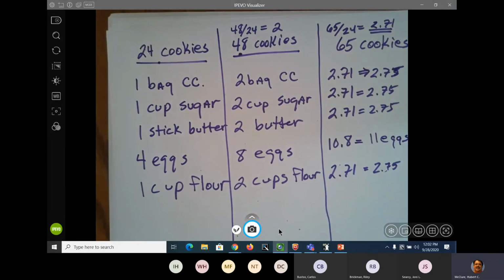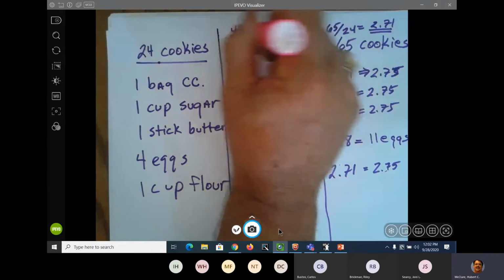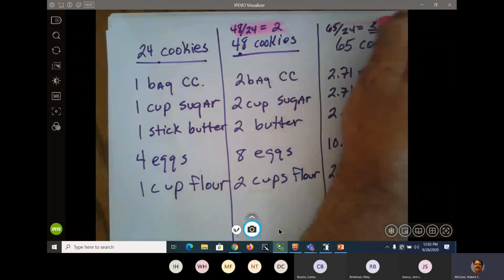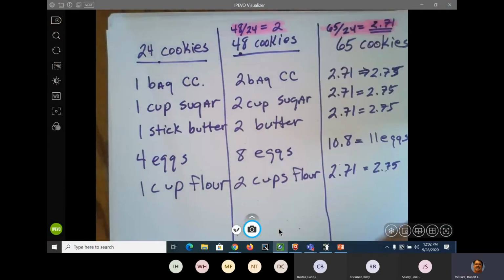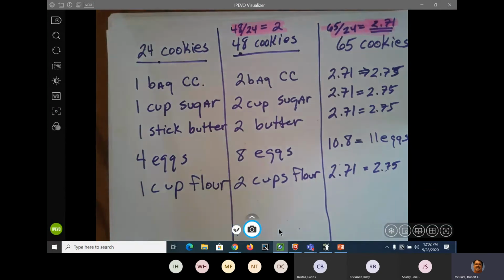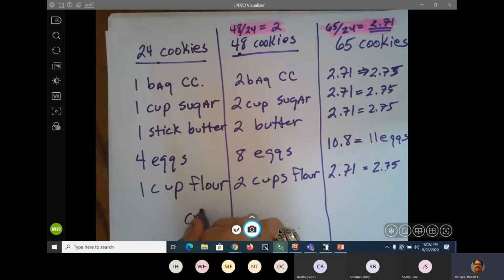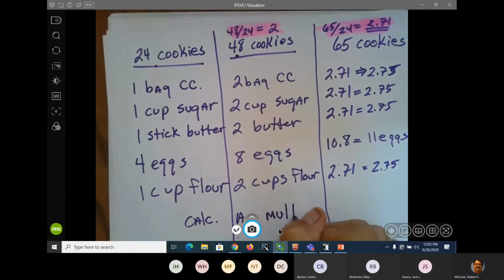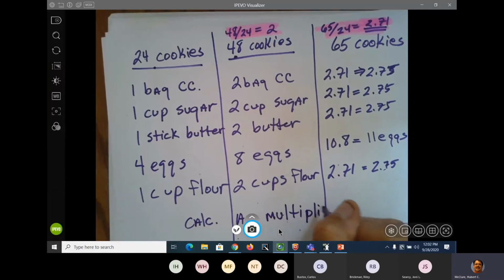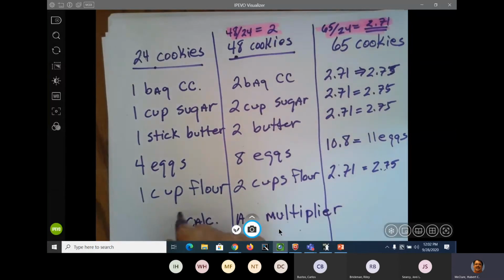Now, what did I just do? I want you to take your highlighter out, and I want you to highlight what we did right here and right here. What did we just do there? You calculated a multiplier. And what does the multiplier do?